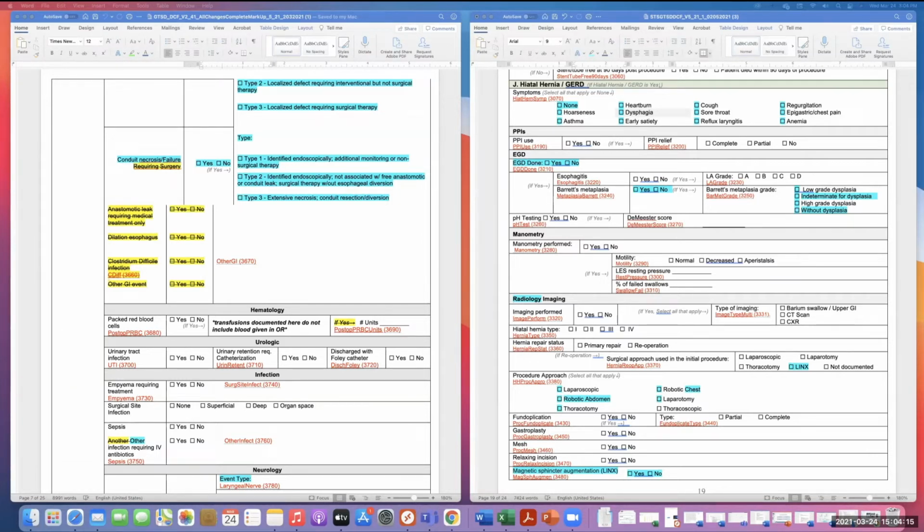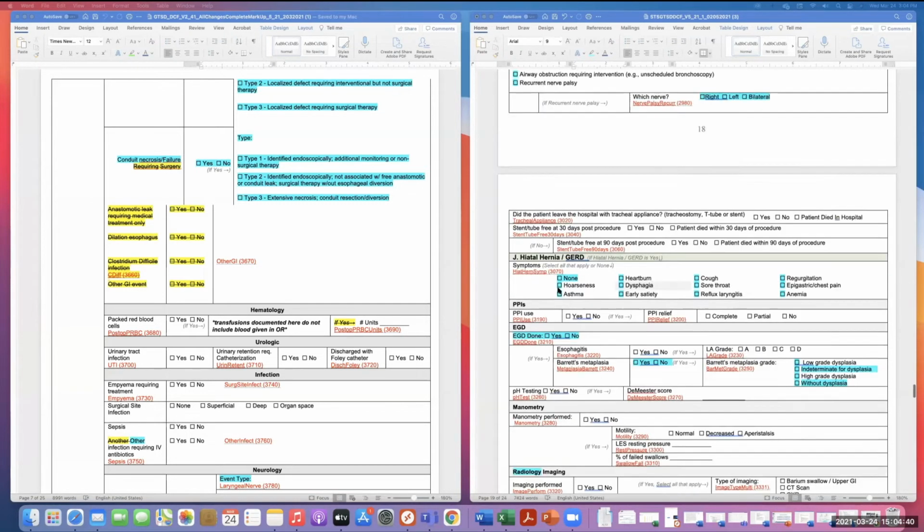Aaron has a question here. He says that in version 2.41, in the operative section, there was a question with planned staged procedure. We have moved that question just to the esophageal cancer section. He used that question for the lung cancer cases that were staged. Now that it's only in esophageal cancer, how are they to document staged lung cancer procedures?